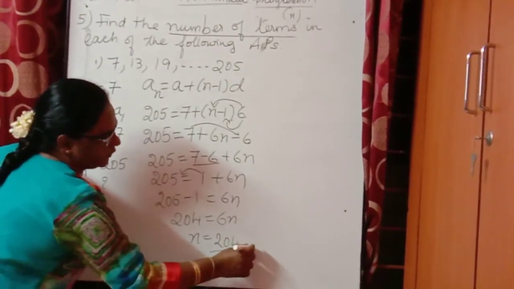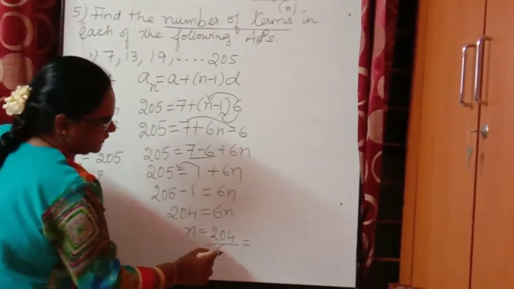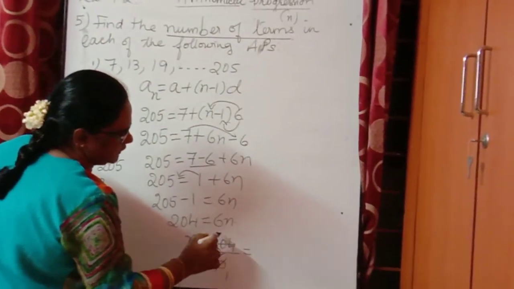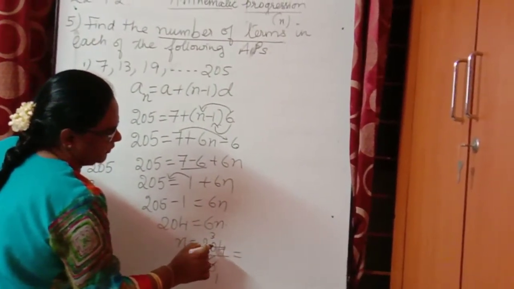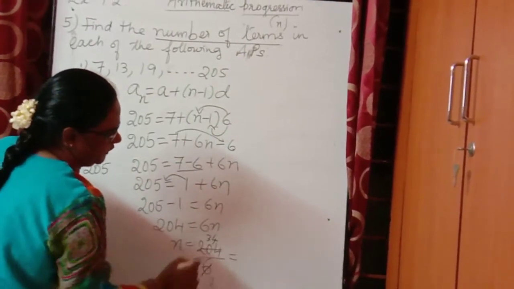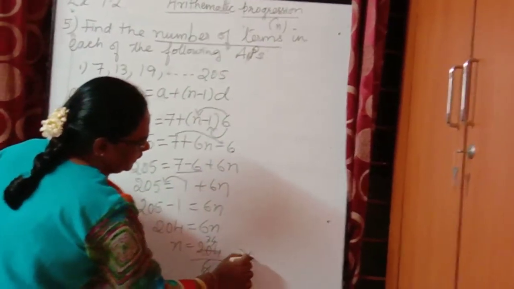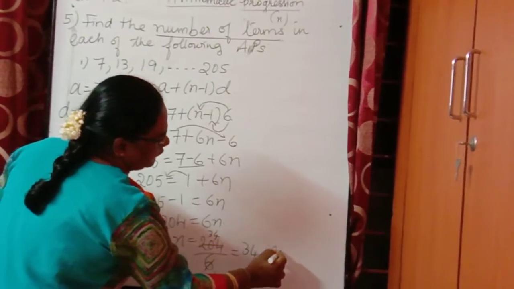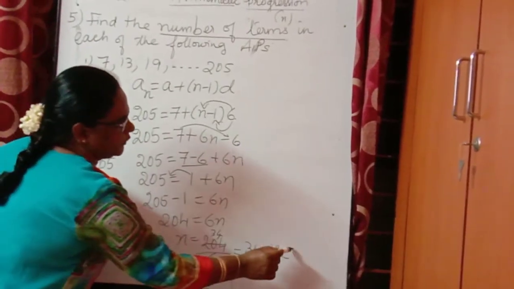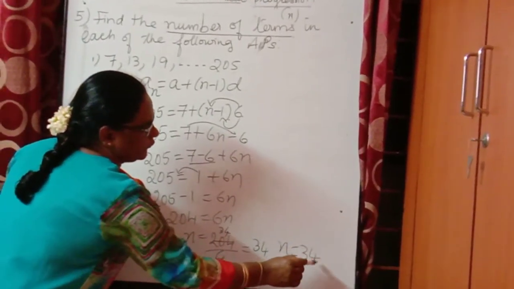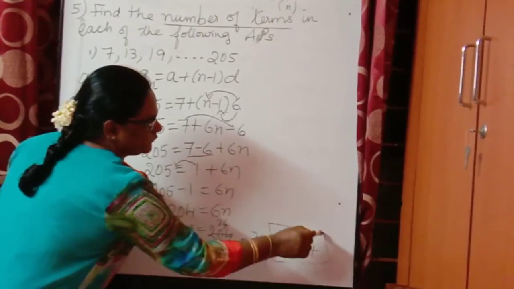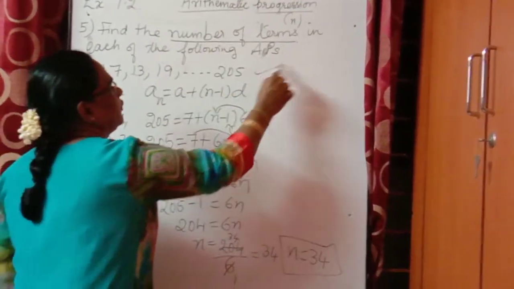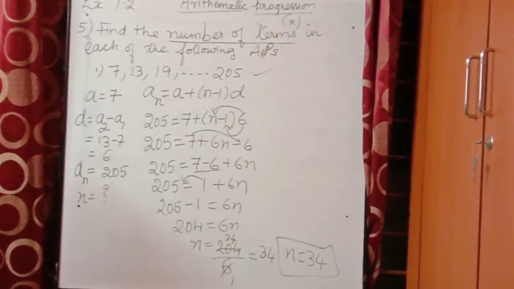So you can cancel: 6 ones are 6, 6 threes are 18, 2 is the remainder, 24, 6 fours are 24. Therefore 34. And the value of n is equal to 34. So here in this sequence you have 34 terms.